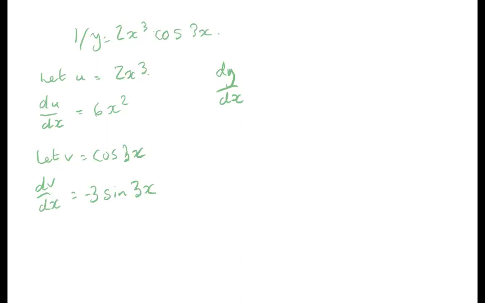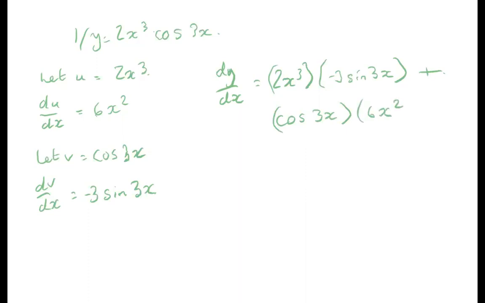So we've got to put this in the formula. We want, first of all, u, 2x cubed, multiplied by dv by dx, so that's minus 3 sine 3x. And then we're doing a plus. We want v, which is cos 3x, times du by dx, 6x squared.